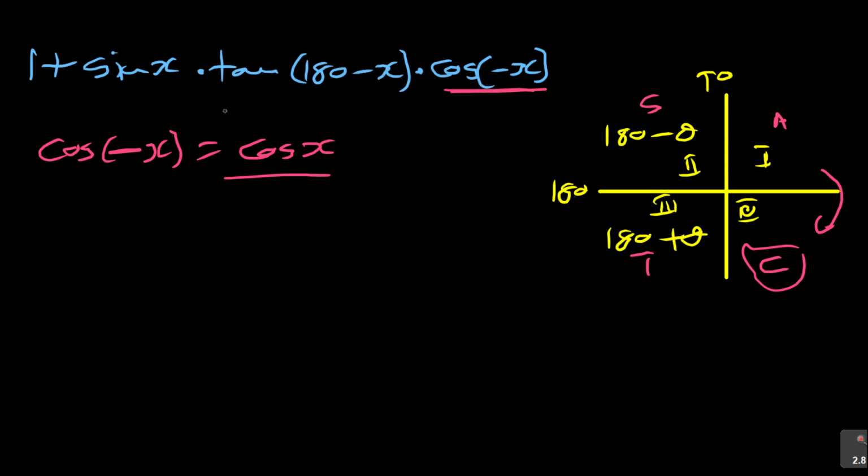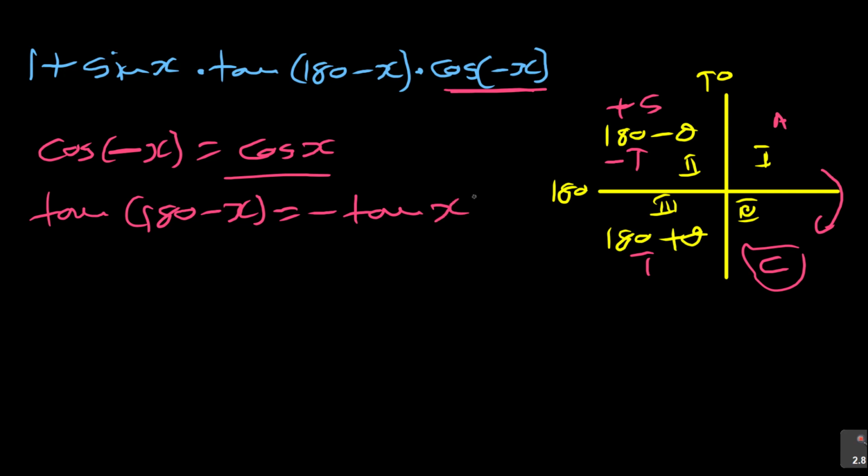What about 180 minus x? Where are we? We're in this quadrant, 180 minus theta. Here only sine is positive, so the other ratios are negative. So if you give me 180 minus x, I'll get a negative. I think that is what is needed for now to be simplified.